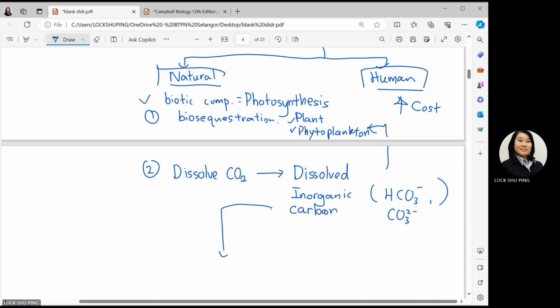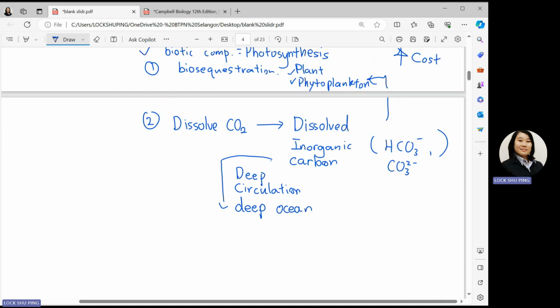most of it will sink into the deep ocean through the deep circulation waves present in the ocean.